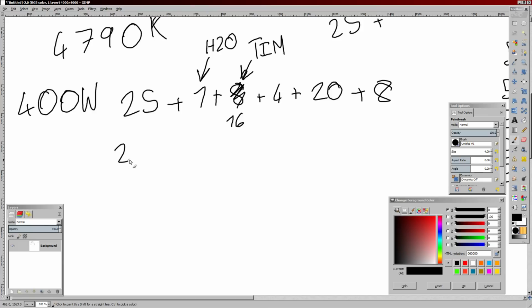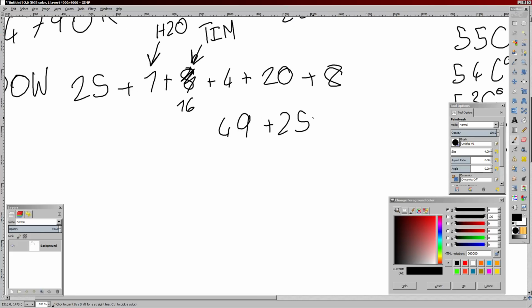So we're going to be 25 plus 1 plus 16, so that's what, these two are 20. 49 plus 25, that's about, what's that? That's 69, 74. There, so we end up at 74 degrees CPU temperature.